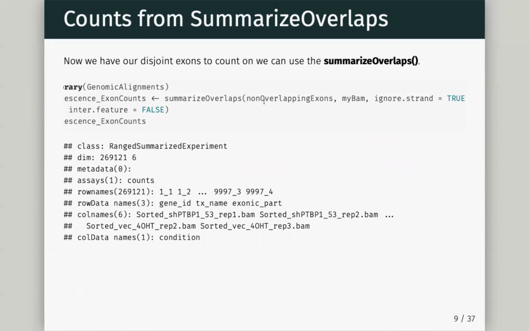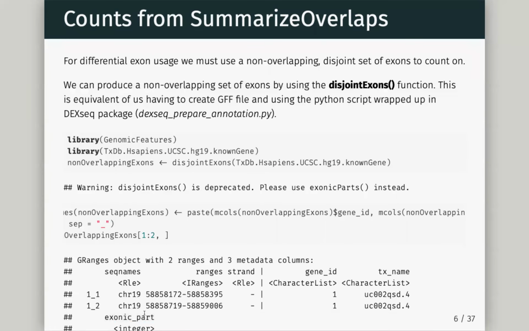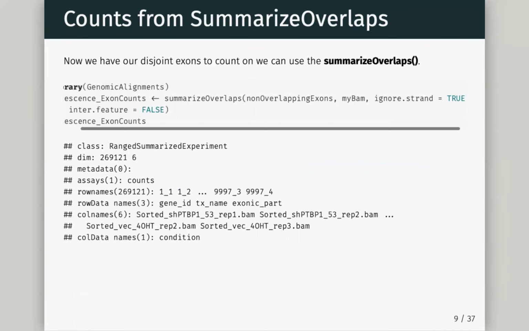When you pass a GRangesList to summarizeOverlaps, it counts all the reads in every element of the list. So it counts all the reads in every exon belonging to a gene. Here we're going to pass a GRanges, so it will give us a count for every row in the GRanges. So we're going to pass it our non-overlapping exons.